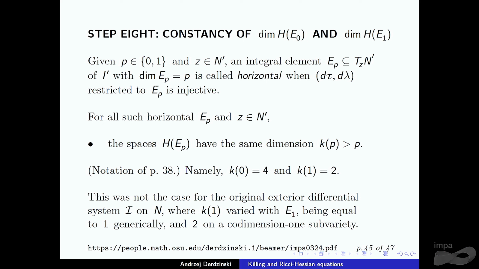Some matrix turns out to have the right rank, and again, having this extra one-form included is crucial here. These 2 dimensions are universal in our exterior differential system, which lives in an open subset of R^6. This is what makes the argument work.